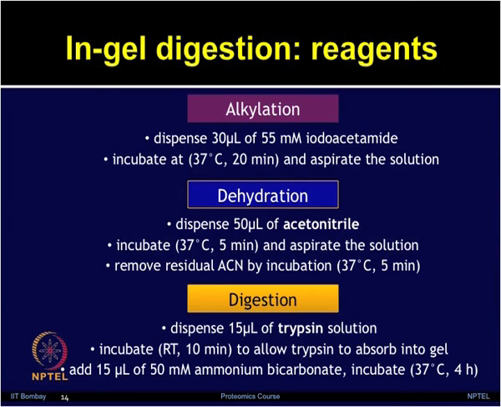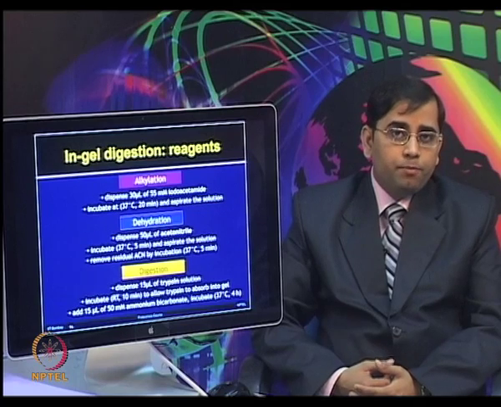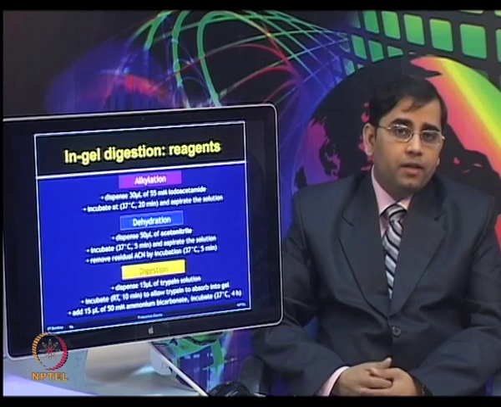So, to prevent that, iodoacetamide, which is an alkylating agent, is used here. Again, you need to do the dehydration step, as the recipe is mentioned in the slide. You can add the acetonitrile, and then you are ready to perform the digestion, which is usually done by using trypsin.